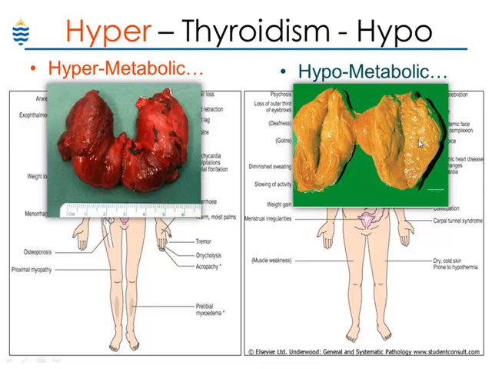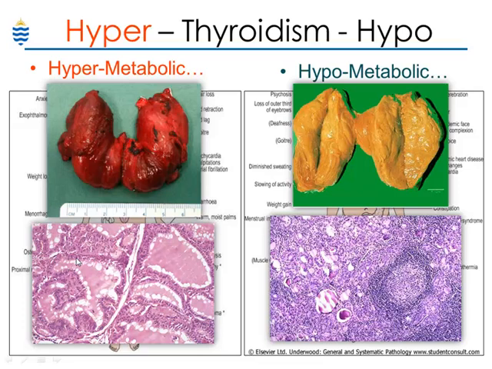Hypothyroidism, Hashimoto's disease is total chronic inflammation. Thyroid gland converted into, looks like lymph node, microscopically also. Plenty of lymphocytes, lymphoid follicles, no activity, very small atrophic follicles. So, that is the microscopy there.